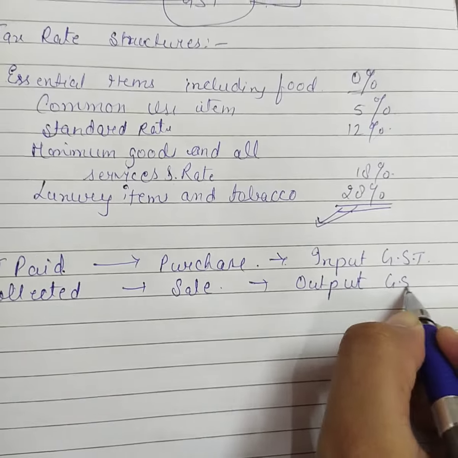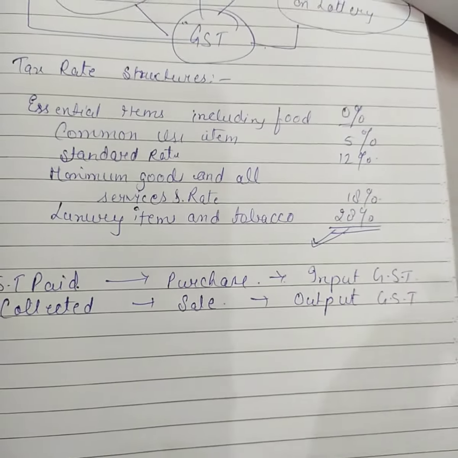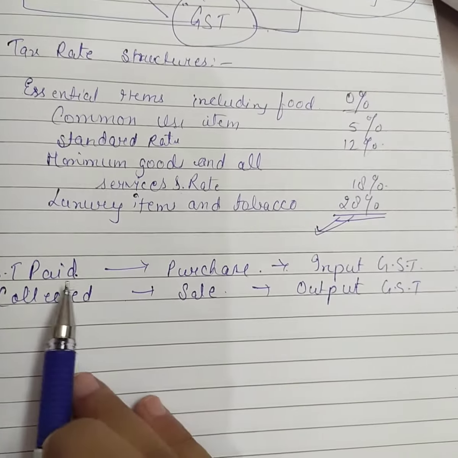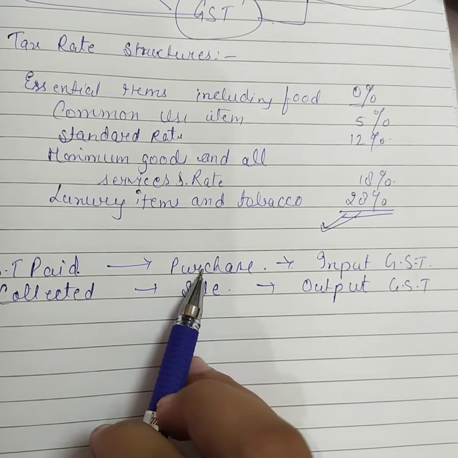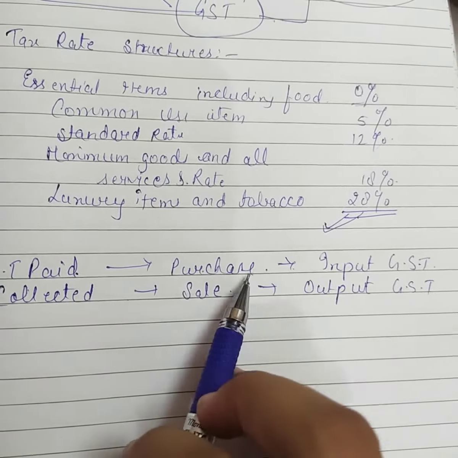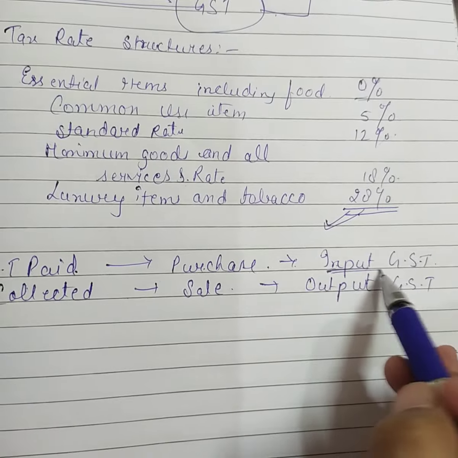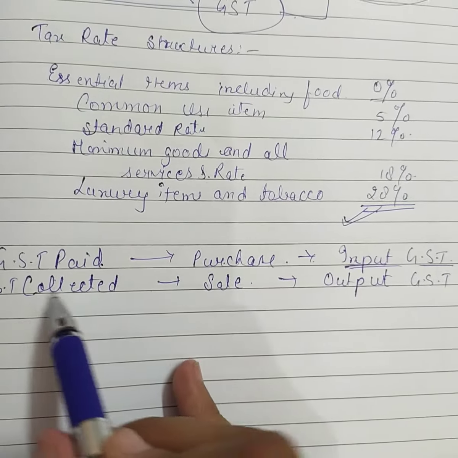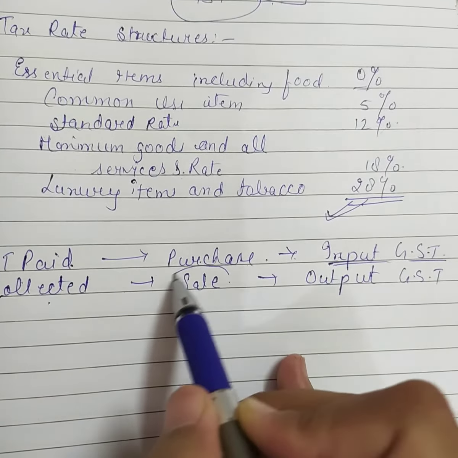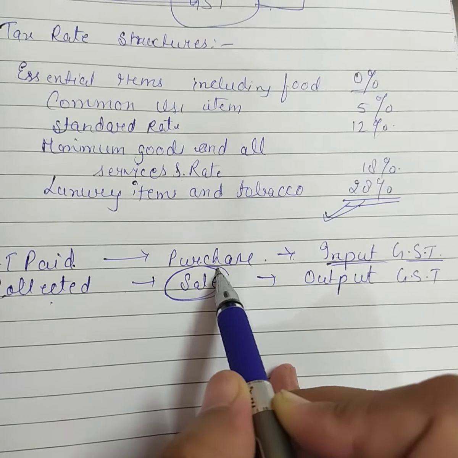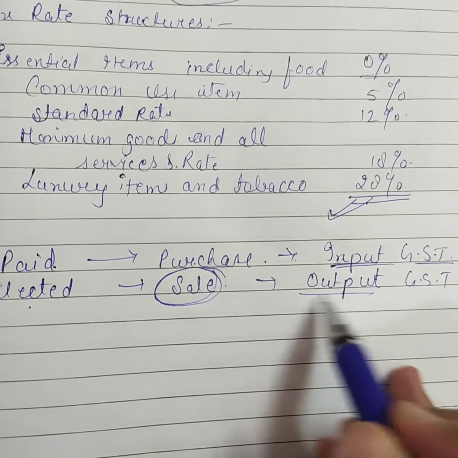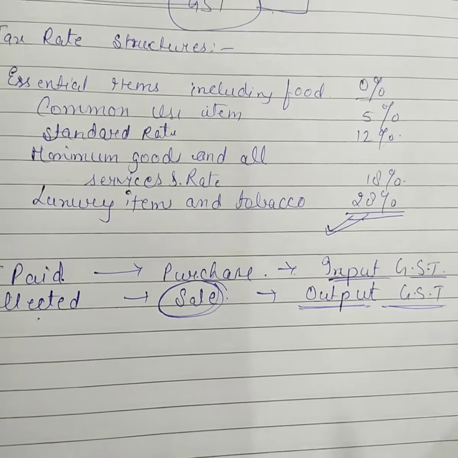output GST. Okay, so students, when we are going to pay GST, it means we have done the purchase and it is called input GST. And when we collect the GST, it will happen only when we do sales, and it is termed as output GST.